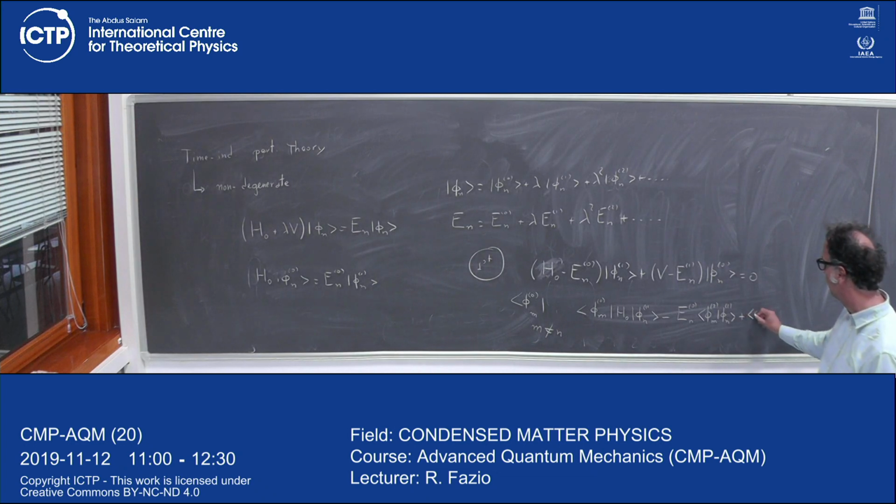Plus phi0 of m V phi0 of n minus E1 phi0 of m phi0 of n. Okay? Let's start from this side. This is 0, okay?